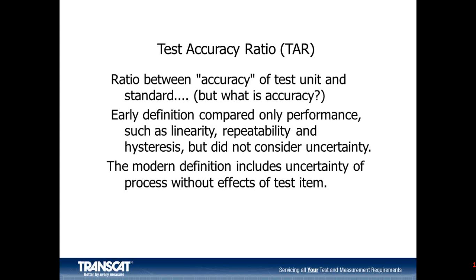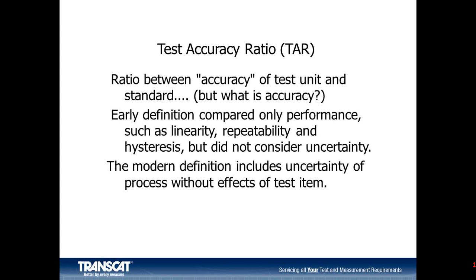Well, first, a description of what these are, and perhaps how they have evolved a little bit through the years. TAR, test accuracy ratio. This is the ratio between the quote-unquote accuracy of the test unit and the standard. But what is meant by this term accuracy? Some years back, the early definition of this was only a comparison of the performance of the standard in the test, performance being linearity, repeatability, hysteresis, like that.